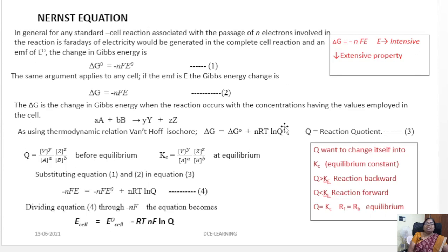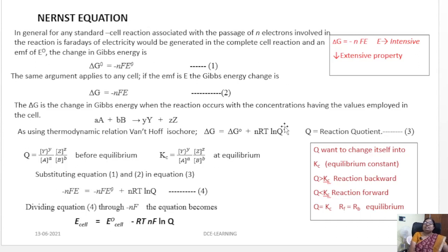In general, for any standard cell reaction in which n electrons are involved, the change in the energy of that cell, if it is a spontaneous cell, delta G, the change in free energy, is equal to negative nFE0. E0 means the standard potential of that particular cell.